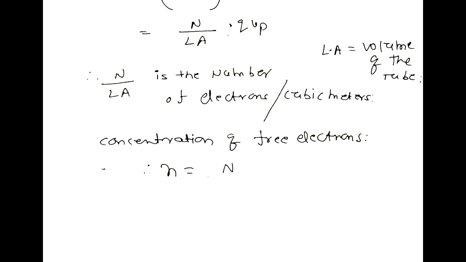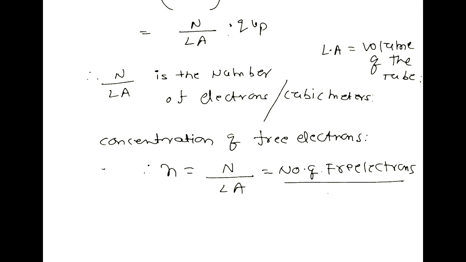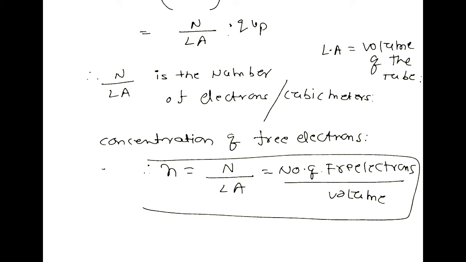So small n is equal to the total number of electrons by volume, N by LA. This is an important relation.